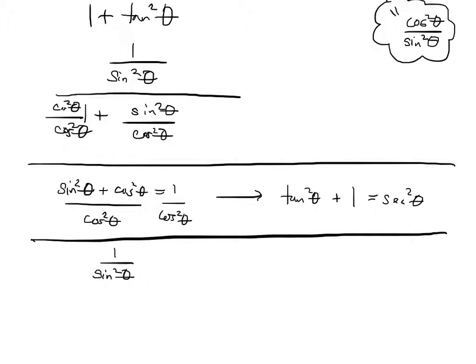So I'm going to flip it and write this as 1 over sine squared theta times cosine squared theta over 1, because the denominator cosine becomes a numerator.